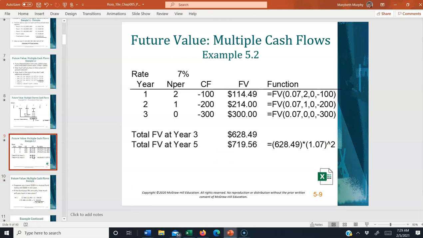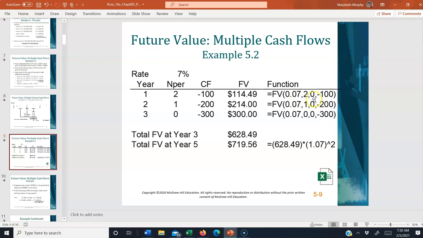Okay, here's another example. This is the same example, but it is using Excel as a calculator. You're going to use the future value function, and in the future value function, first thing is your interest rate, so that's 0.07.